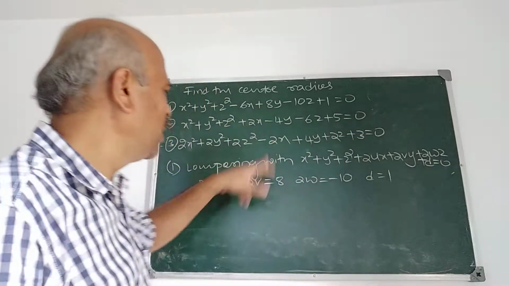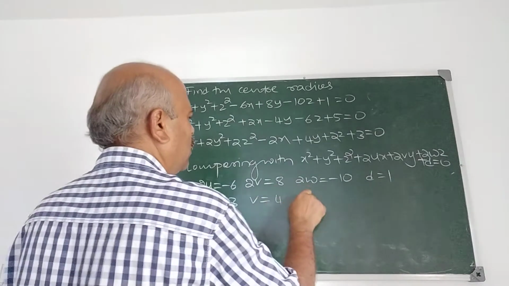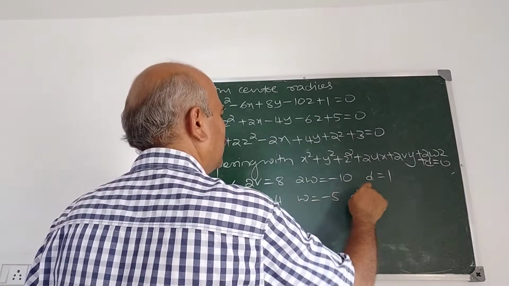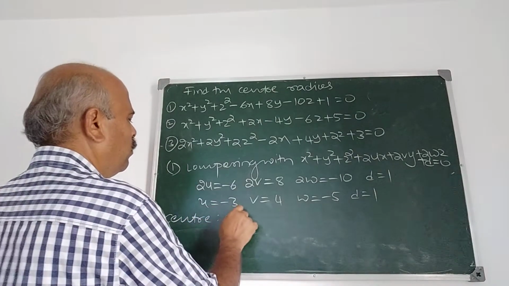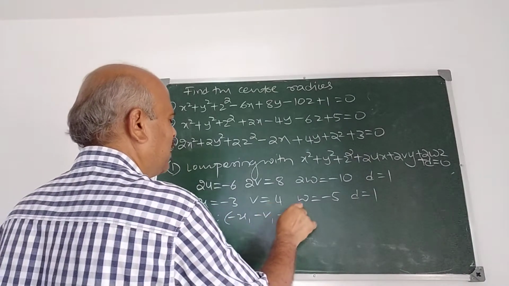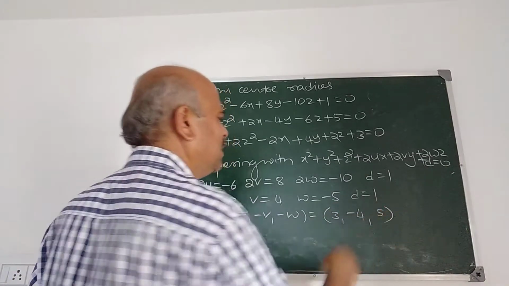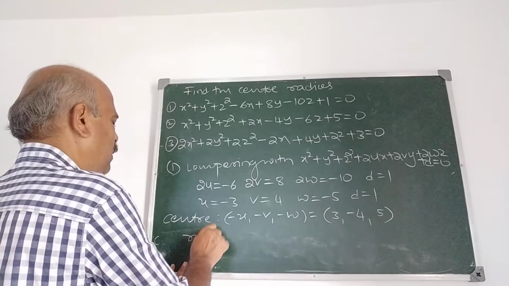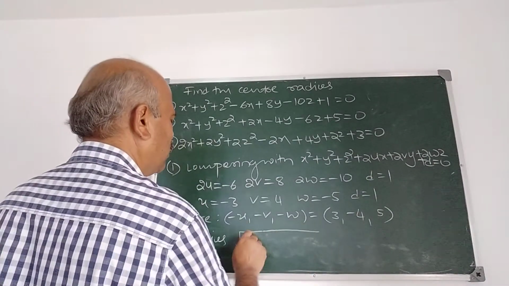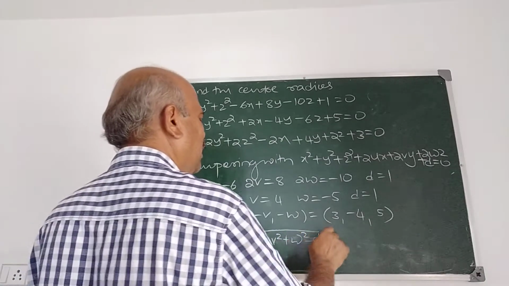And now comparing, we get u is minus 3, v is 4, w is minus 5, d is 1. So what is the center? Formula is minus u, minus v, minus w. Therefore 3, minus 4, 5, that is the center. And what is the radius? Square root of u square plus v square plus w square minus d.